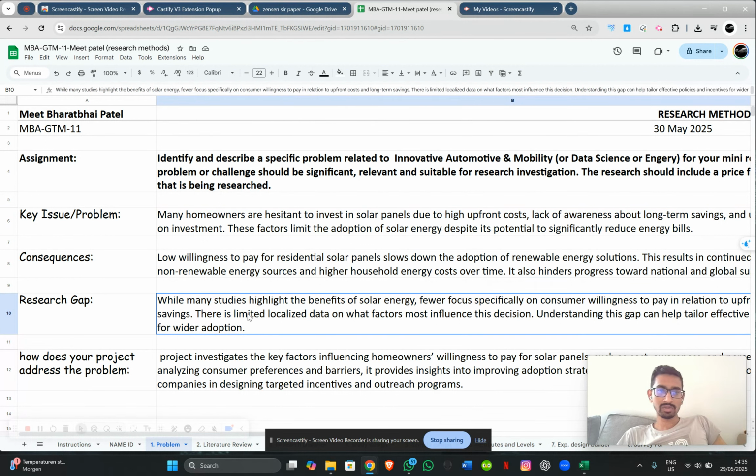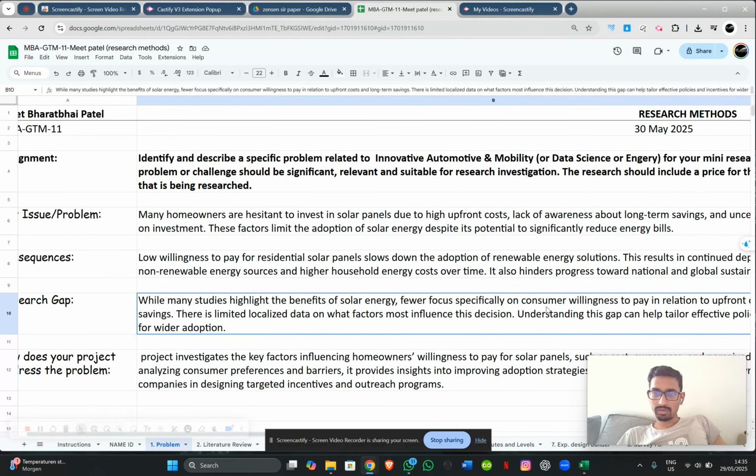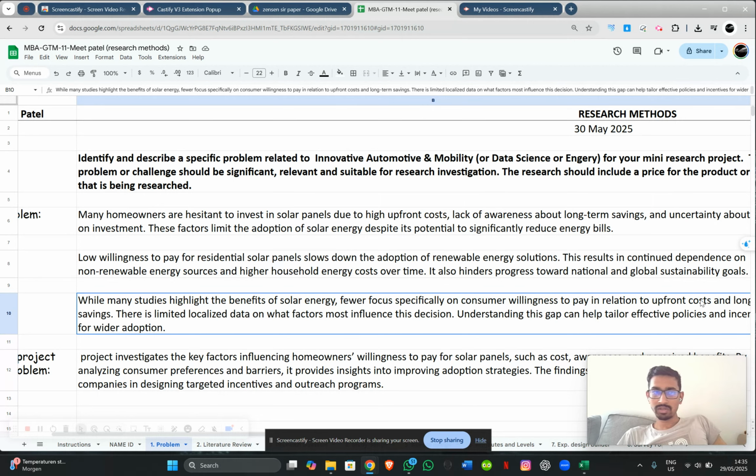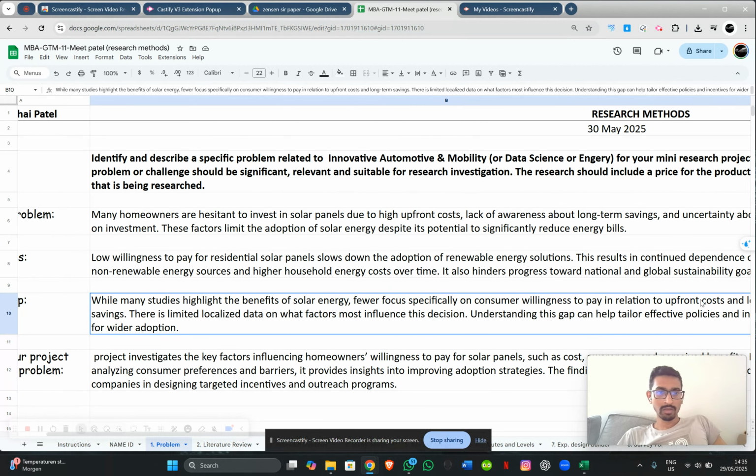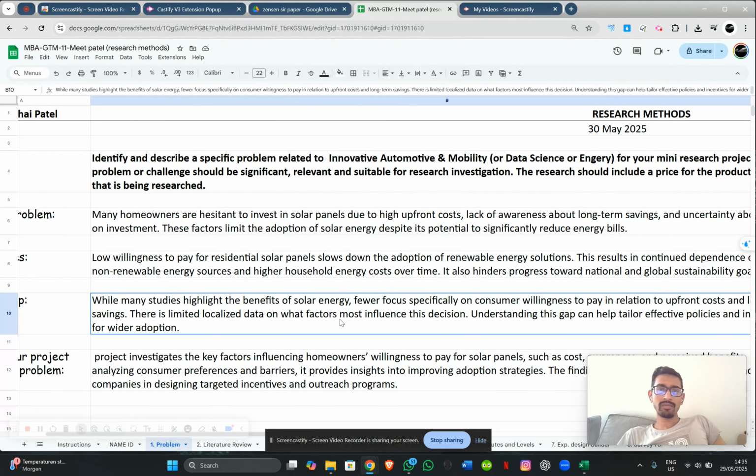Studies show the benefits of solar energy, but fewer focus specifically on consumer willingness to pay in relation to upfront cost and long-term savings.